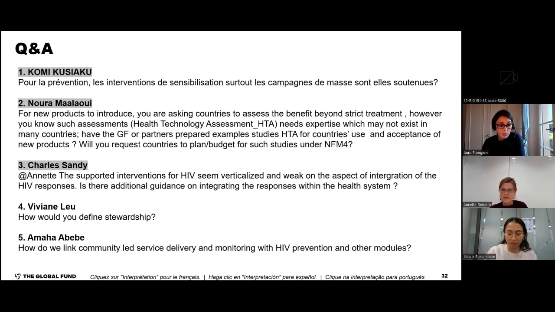Please. Yes. So the question is, how would you define stewardship? We mentioned this for the prevention, right? So we have this new module on prevention program stewardship, and you can consult it in the modular framework. It refers to all that is needed to scale up precision prevention service delivery, from the development of a national prevention strategy, target setting, definition of costing, capacity development, last mile supply.